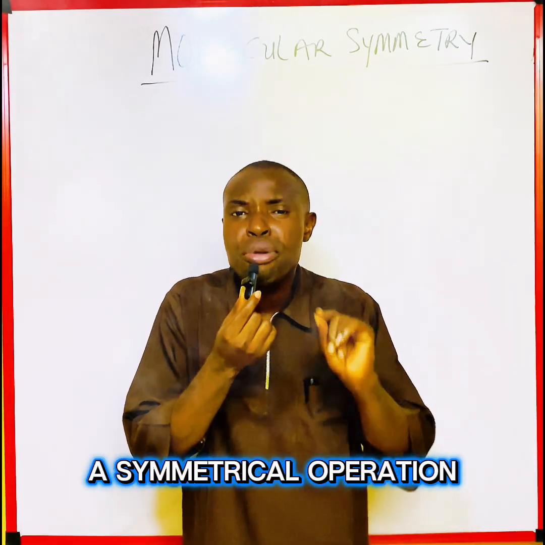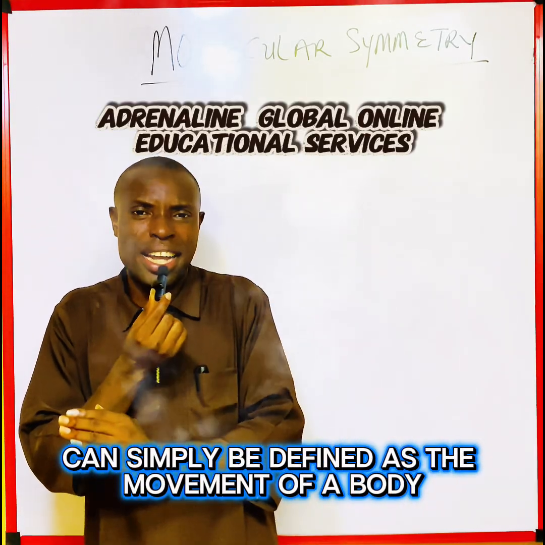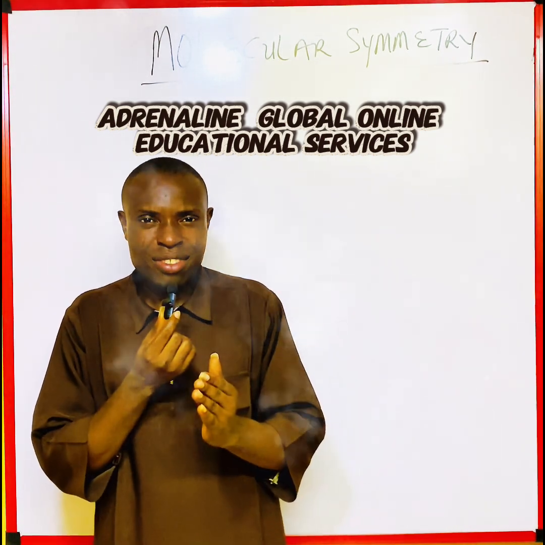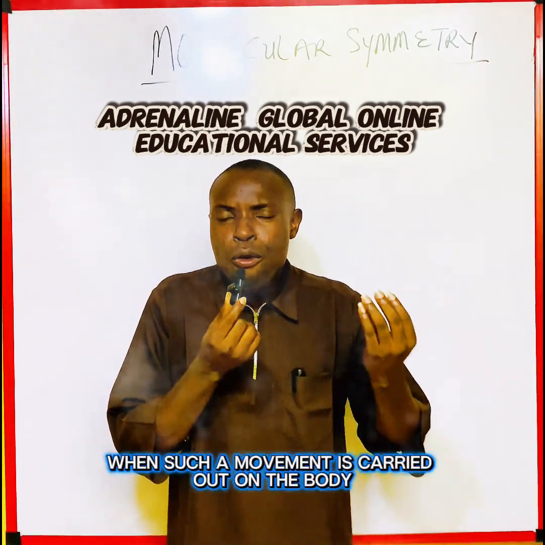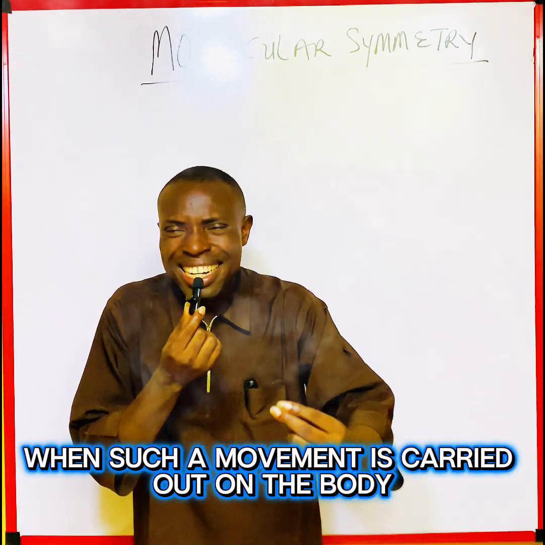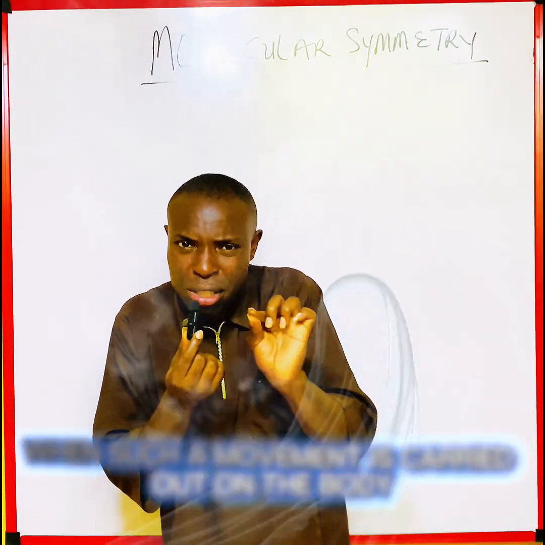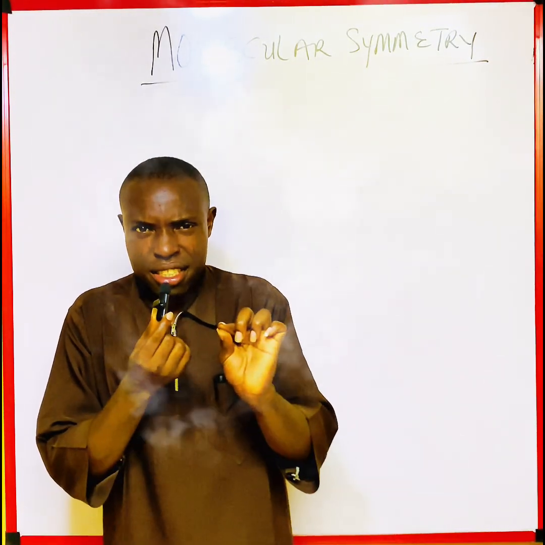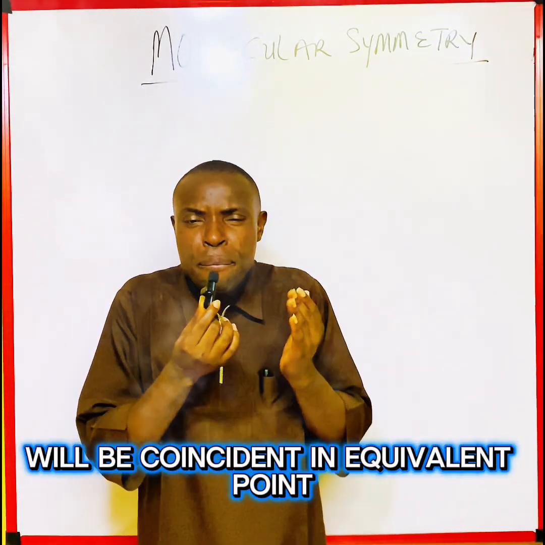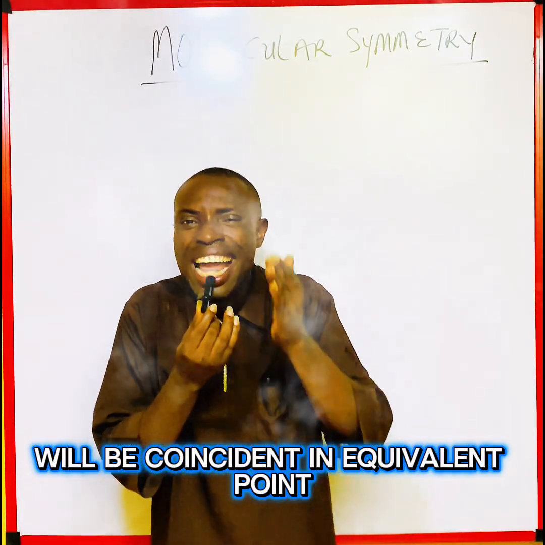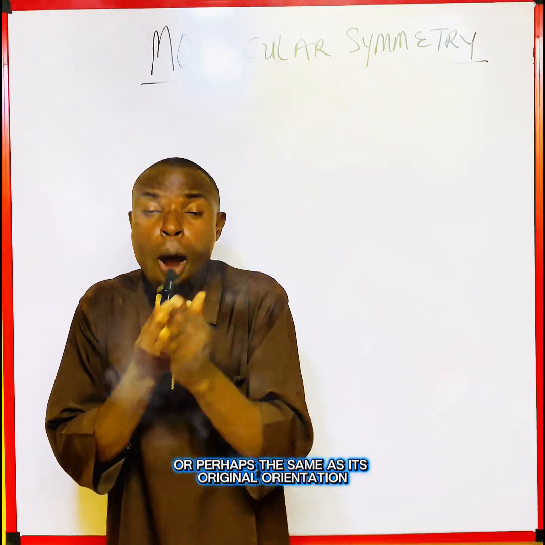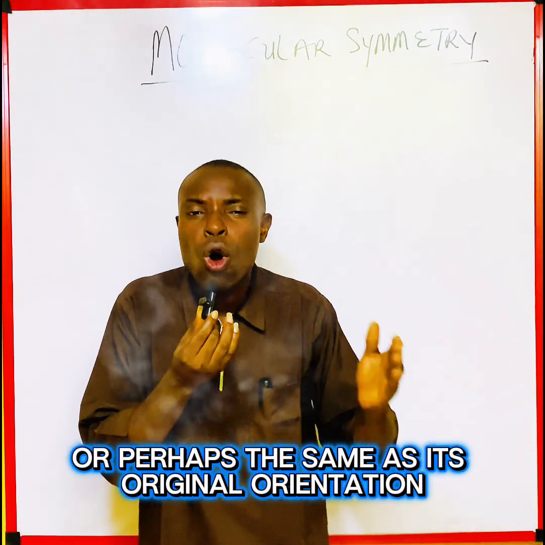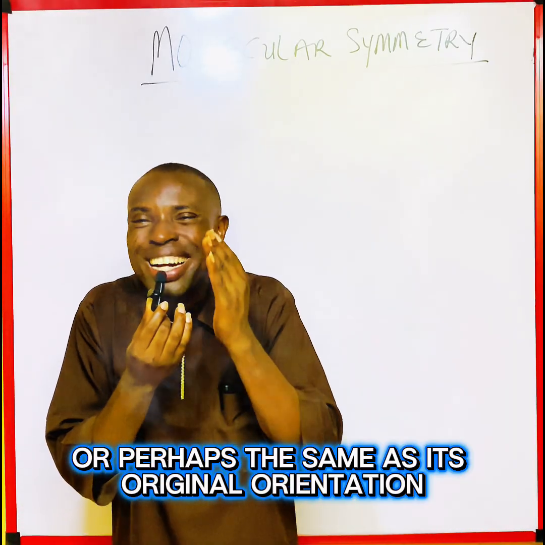A symmetry operation can simply be defined as the movement of a body such that when such a movement is carried out on the body, every point of the body will be coincident with an equivalent point, or perhaps the same as its original orientation.